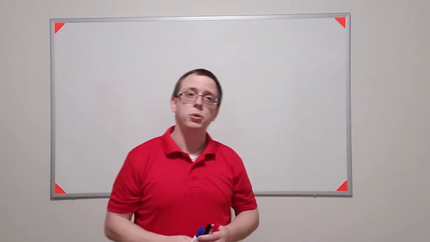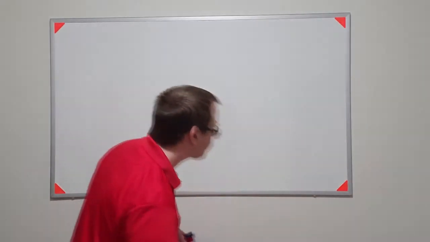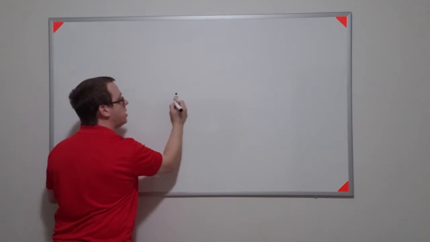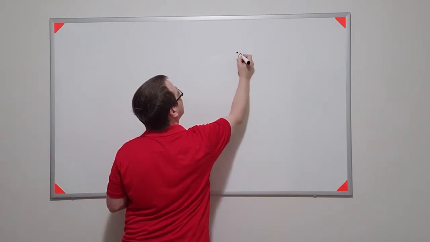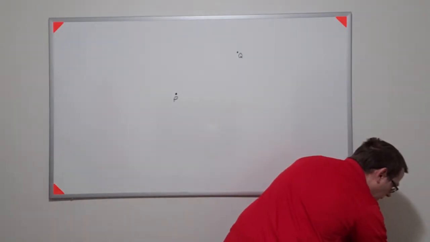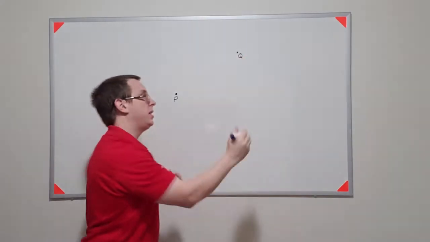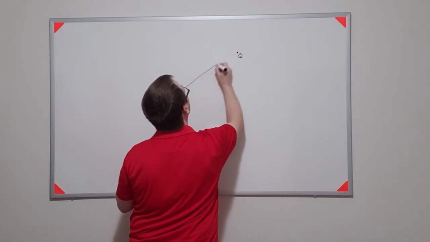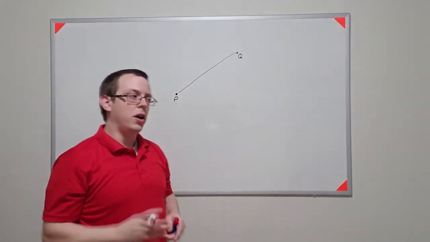So if we're going to practice that, a simple way is by doing a directed line segment. So if I have some sort of point P and I have some other point Q in space, I can draw what's called a directed line segment between P and Q. The key is to draw it directly there.